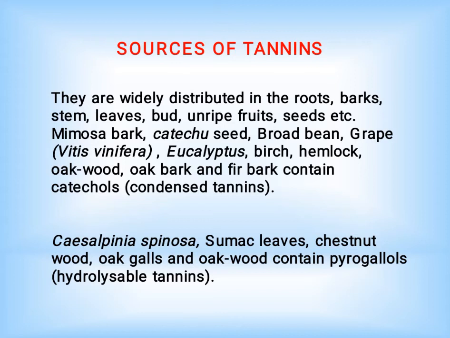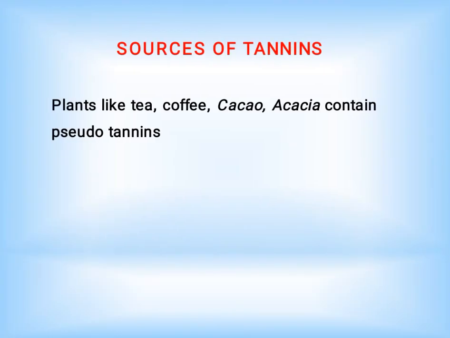Caesalpinia spinosa, sumac leaves, chestnut, oak galls also show the presence of hydrolyzable tannins. So these are a few sources of tannins from angiosperms and gymnosperms.